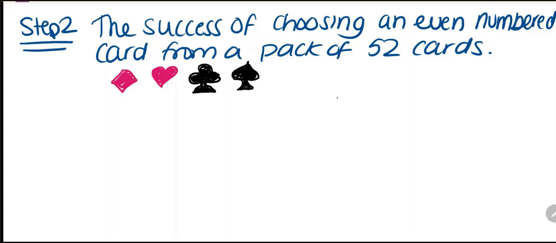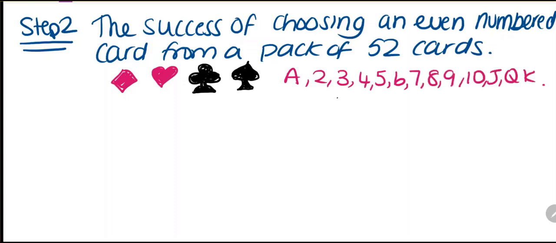So something like that. And in each suit, we have an ace, a 2, a 3, a 4, a 5, a 6, a 7, an 8, a 9, a 10, a jack, a queen, and a king. Now an ace is worth 1, that's odd. So we want the even, so 2, 4, 6, 8, 10, and a queen, which would be worth 12.